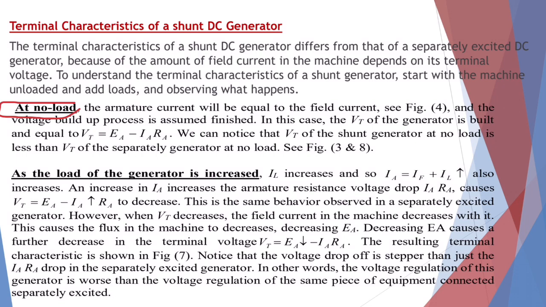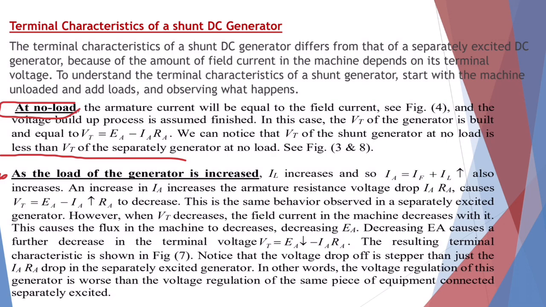In this case, the VT of the generator is built up. We can notice that VT of the shunt generator at no load is what? Less than VT of the separately excited generator at no load. As the load of the generator increases, IL increases, and so IA will increase also. An increase in IA increases the armature resistance voltage drop, which causes VT to decrease.